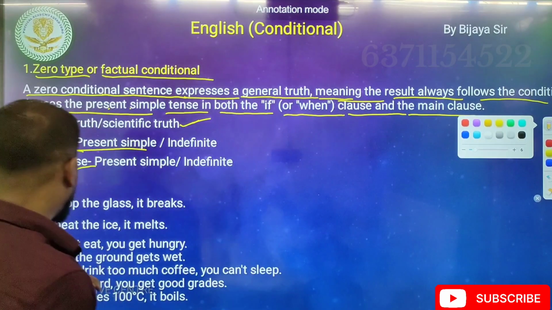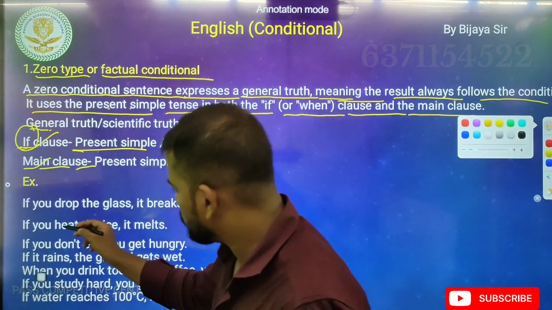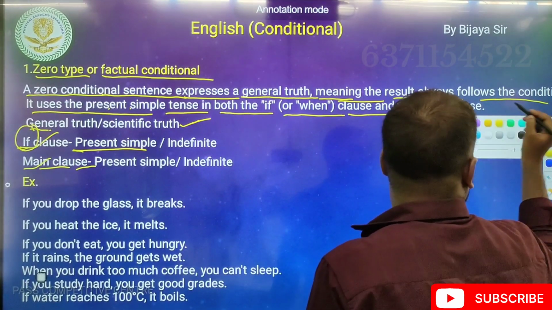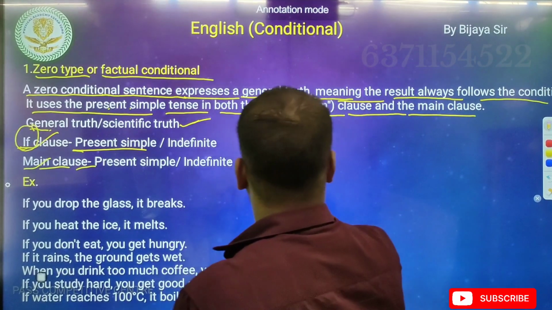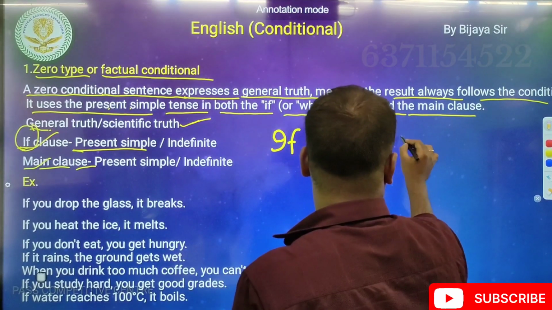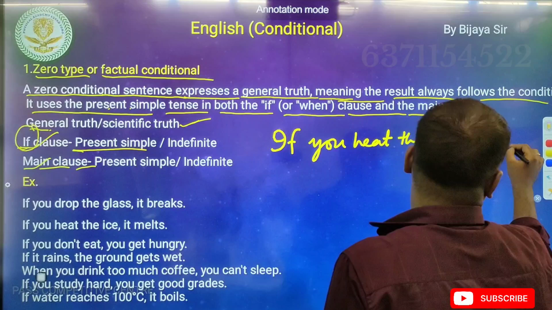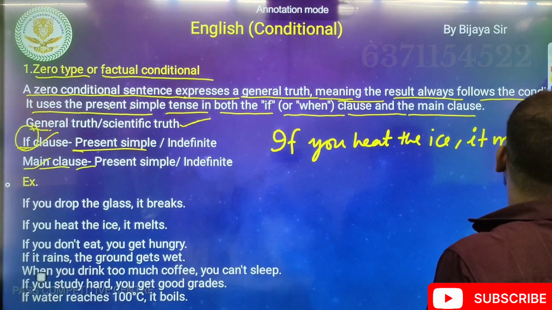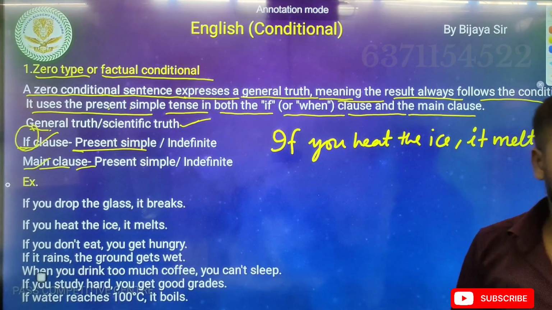Now come to the second example, dear students. If you heat the ice, it melts. Look at the example, dear students.